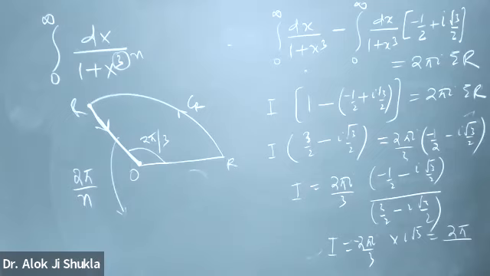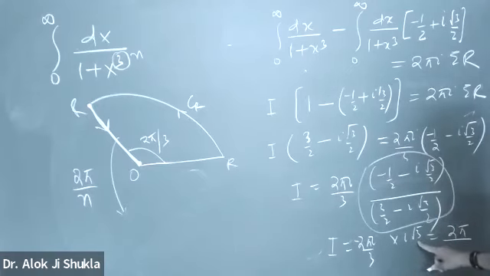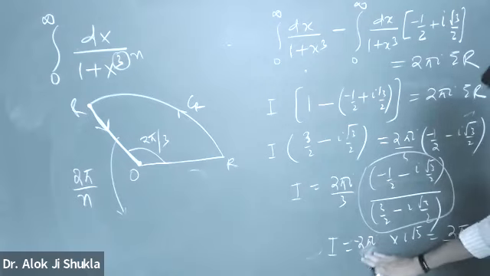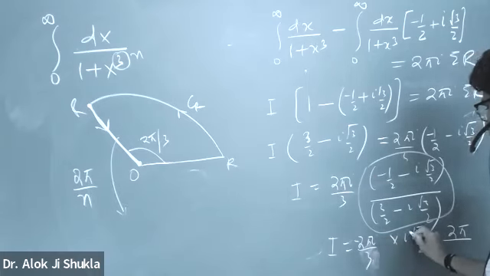No, if it becomes i root 3, how will 3 root 3 come? Sir, when 3 cancels, pi by 3 comes from below, so instead of this, 3 root 3 comes. Yes, 3 root 3, right?